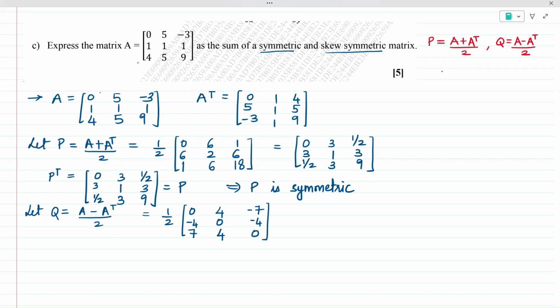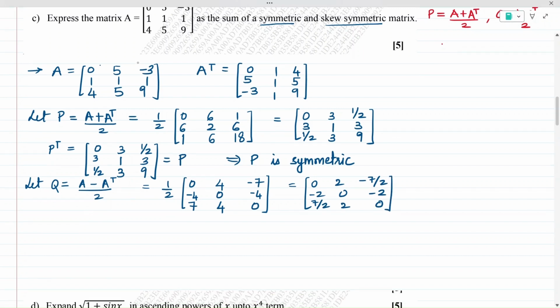One thing to remember: all the diagonal elements of a skew symmetric matrix will always be 0. So here all diagonal elements have come as 0. Let me put that half inside. I'll get 0, 2, negative 7 by 2, negative 2, 0, negative 2 again, positive 7 by 2, and 2 and 0. Okay, so now you got Q.